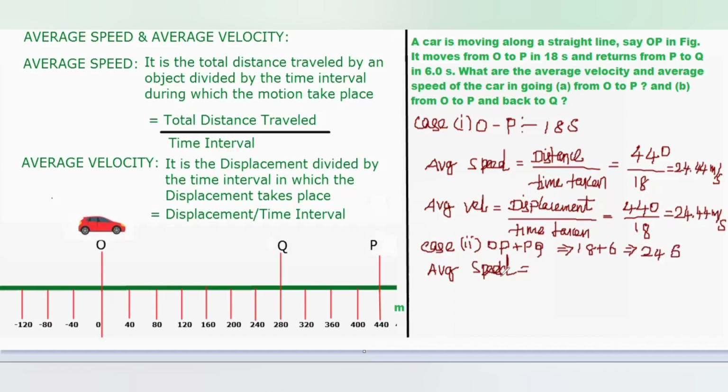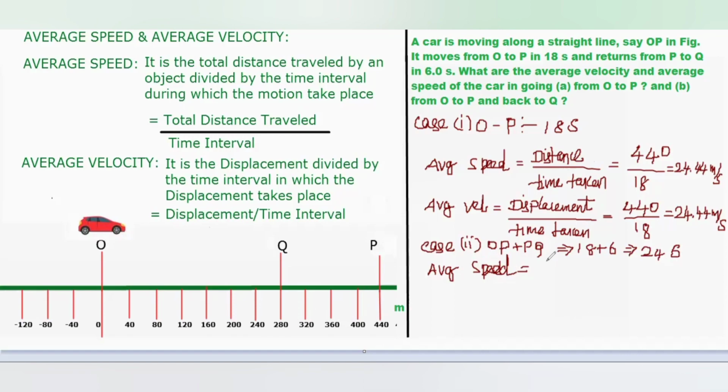So the average speed is the distance divided by the time taken. Here the distance we calculated in the distance and displacement topic itself. For OP, from here to here, it is 440 meters. From P to Q, the distance is 160.